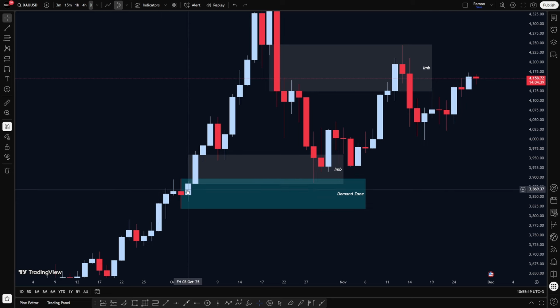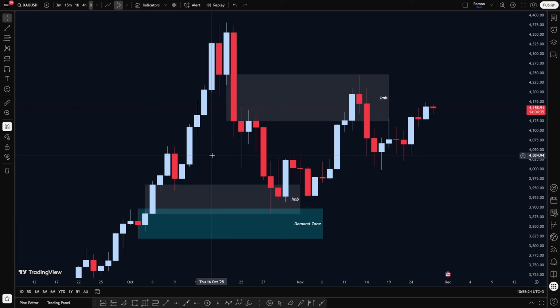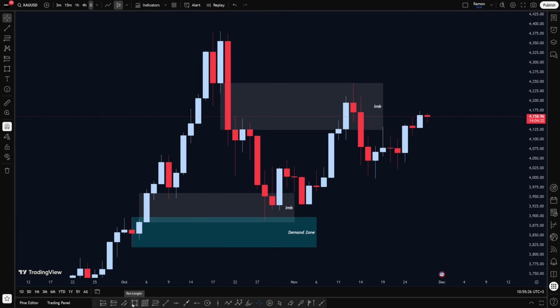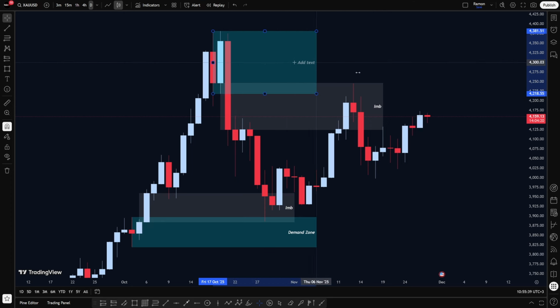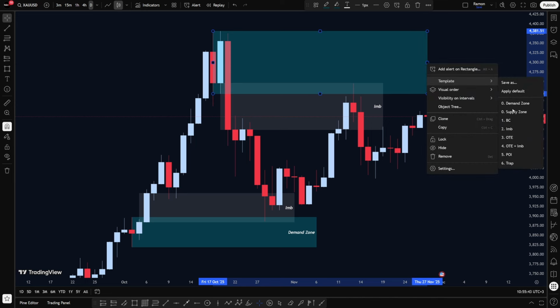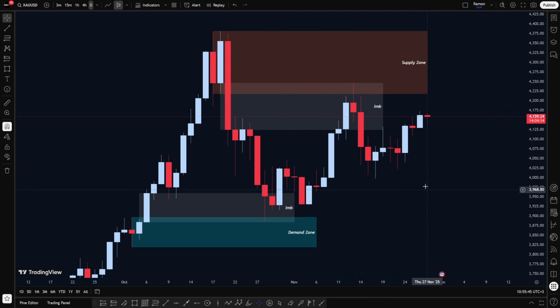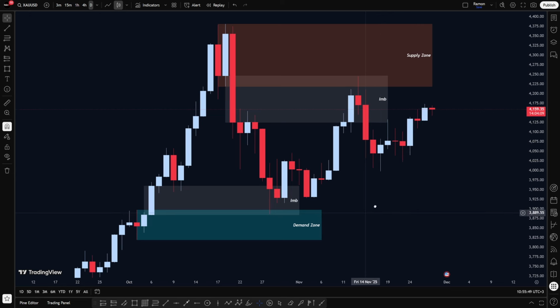This was a base, and then we continued up to this level, and then I will mark this up area here as my supply zone, from here to here. I'll call this my supply zone.